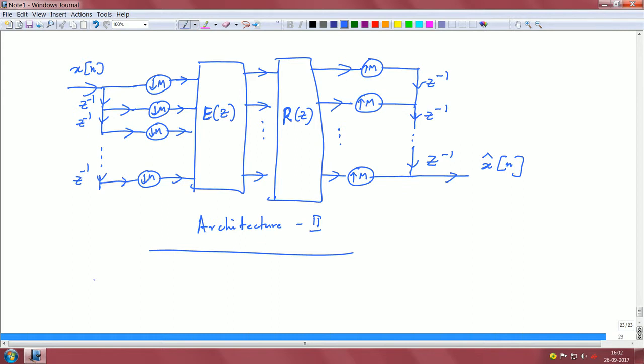Now, if we say that I combine E of z and R of z to some transfer function P of z, right, and if P of z is an identity then this is like our delay filter bank.